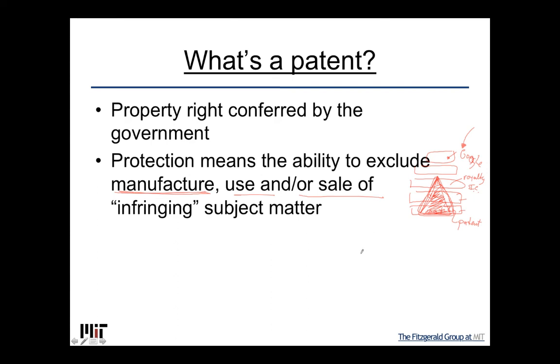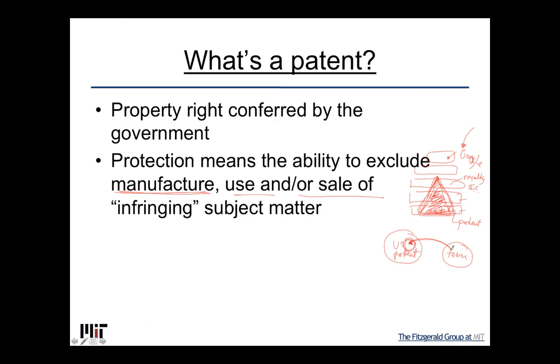A lot of people ask about countries, so if somebody's making something, let's say in Taiwan, and I have a U.S. patent, it turns out that I can prevent this company in Taiwan from shipping in here and selling here. So if I hold the patent in the U.S. on a particular thing, even if I don't hold it over there, the way to think about it is when the thing enters the country, it automatically becomes under this patent.